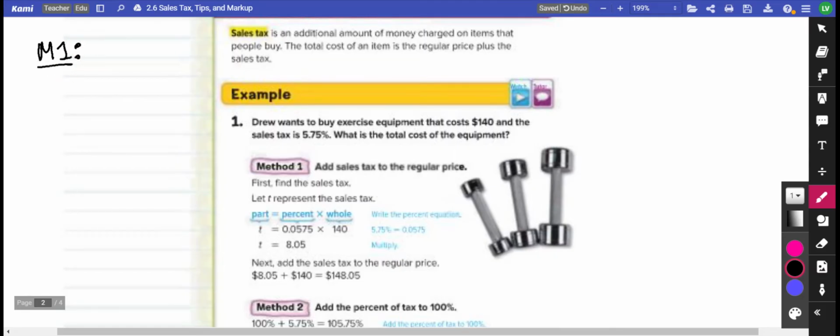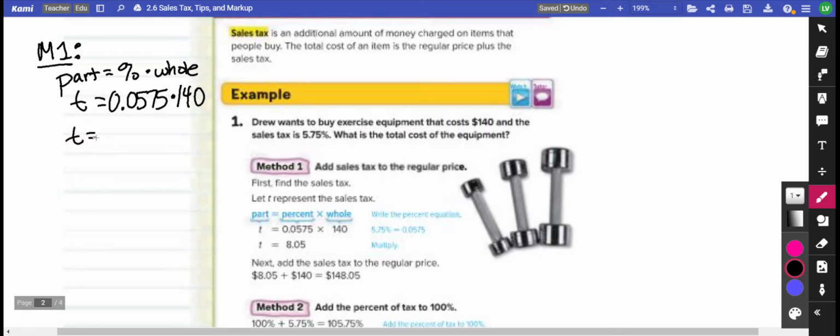As we can see down here, we're going to take the part, which equals the percent times the whole. So if we have our part, that's what we're solving for. Our percentage is 5.75%. So that decimal is 0.0575 times our whole of 140.